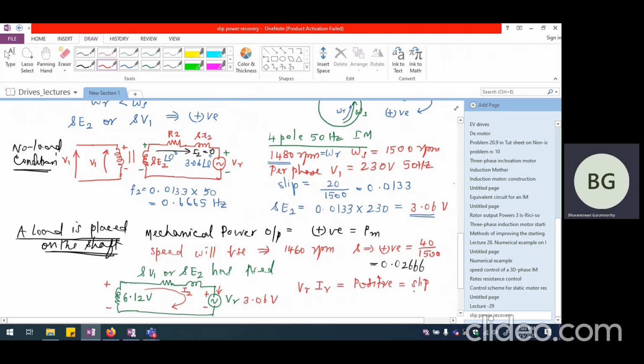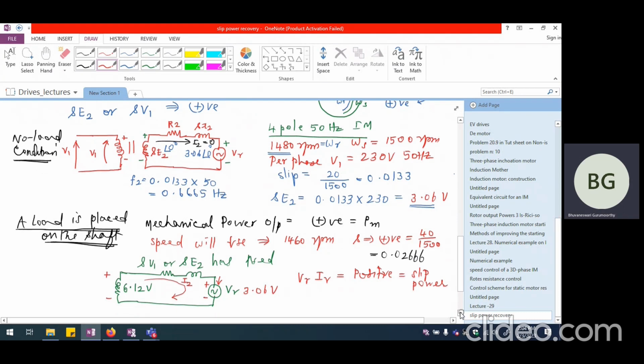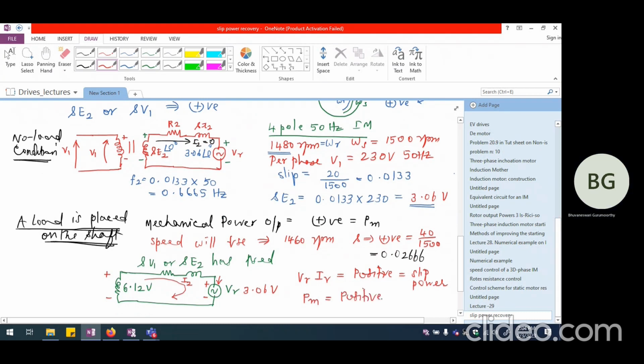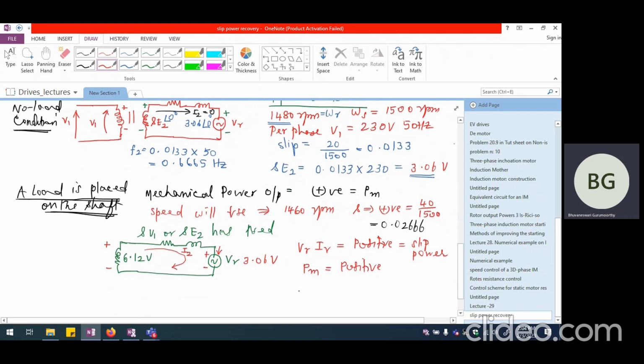Because this is the power from the rotor side. So this is essentially the slip power. And we also have mechanical power to be positive. And we also know that the slip is positive. So VRIR is positive, which is the slip power.